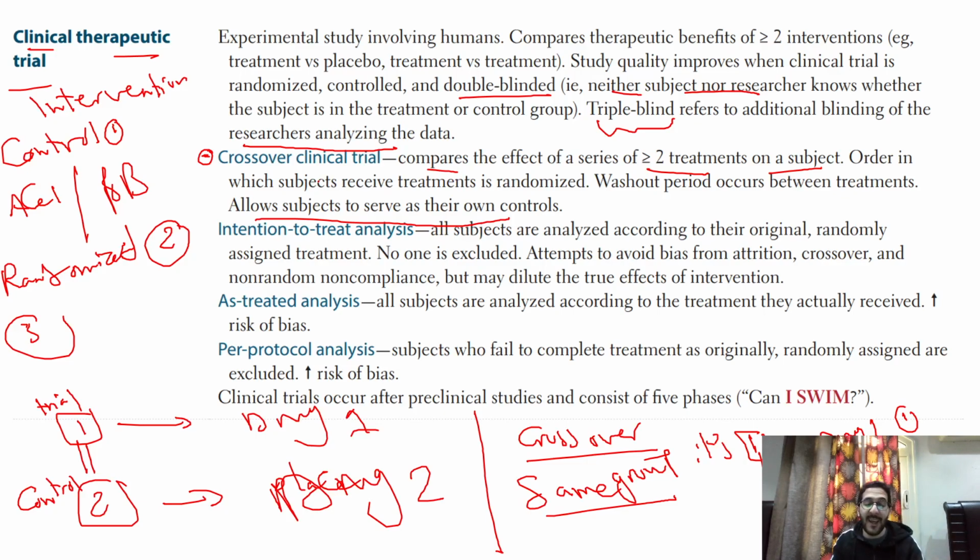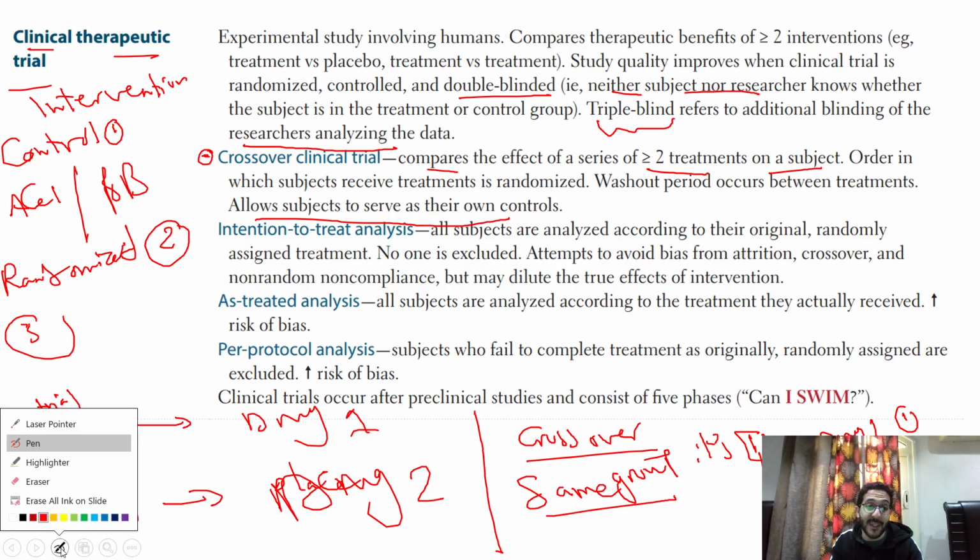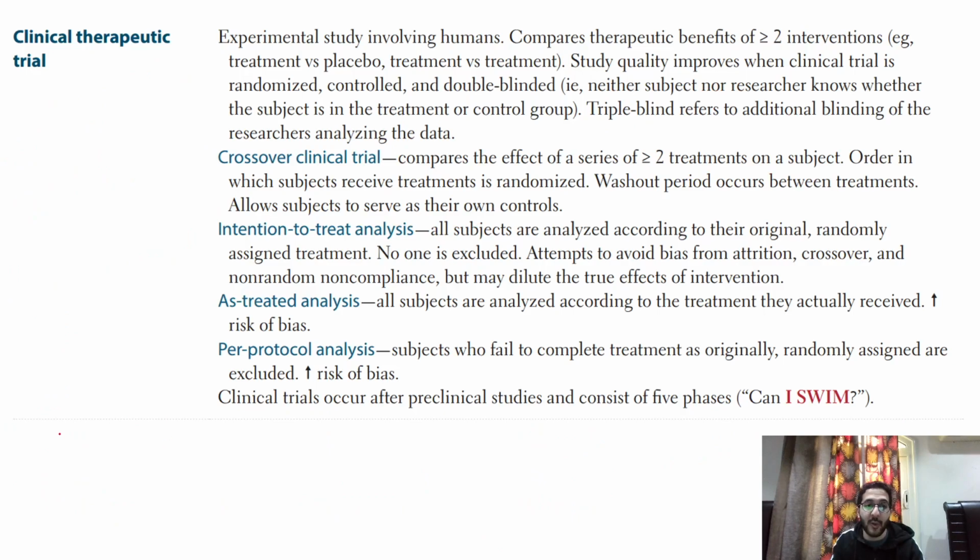And then there's another very, very annoying thing, I know, called intention to treat or per protocol analysis. At first, we have to discuss one thing, which is attrition bias. Sounds weird, but basically attrition means loss.